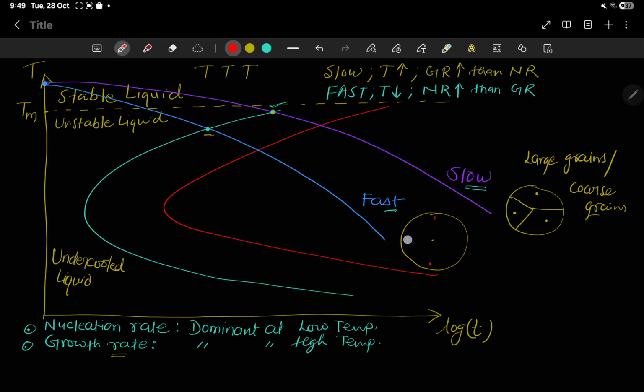So these are the different nucleation points, where nucleation is happening, okay? And now what will happen if nucleation happens? One nucleation site will form one grain, right? Now just connect it.